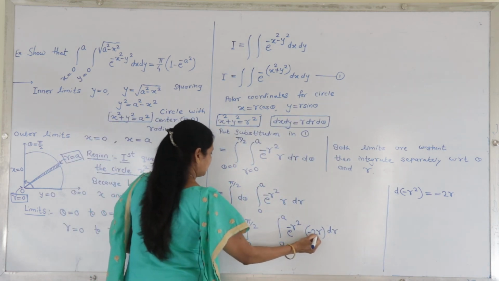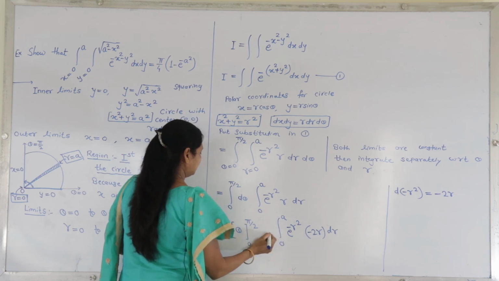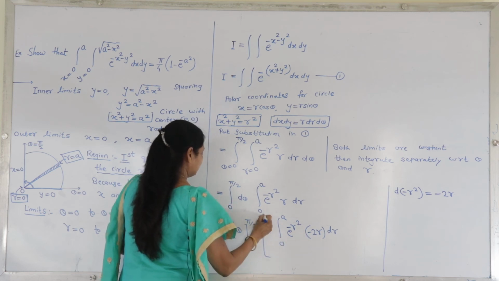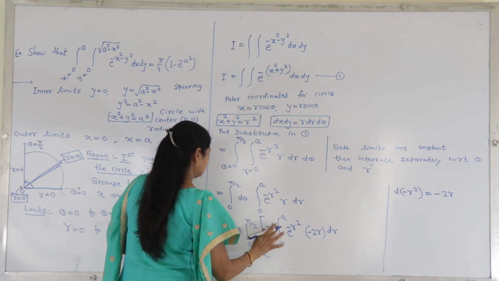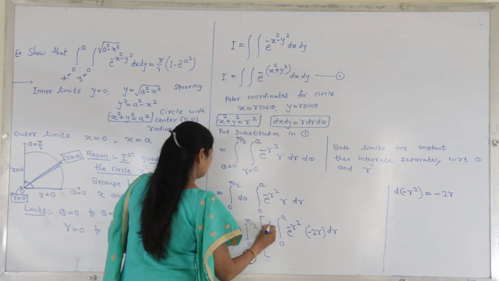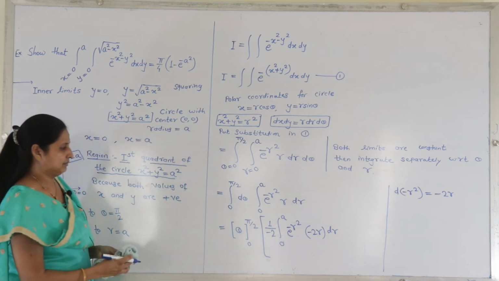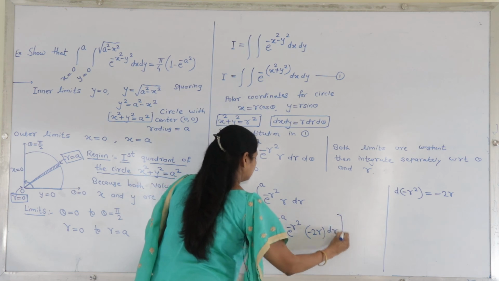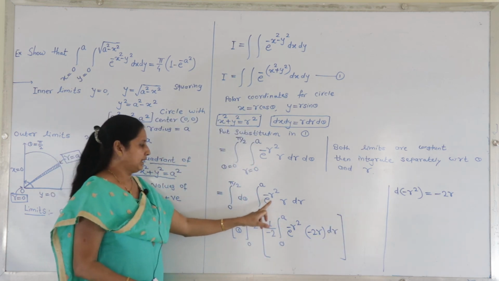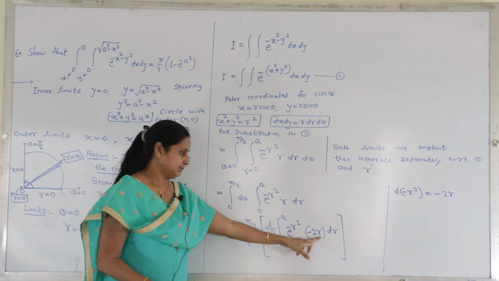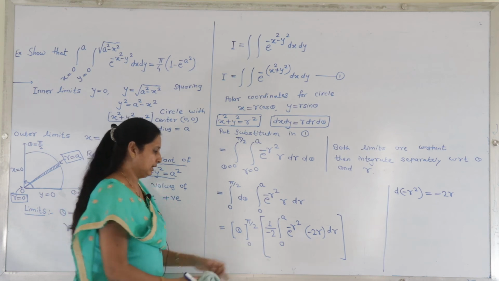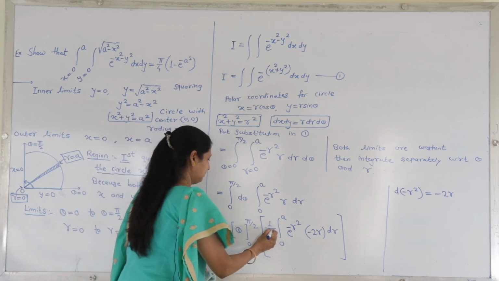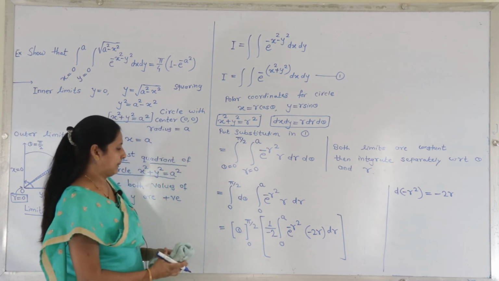The extra term is minus 2, a constant, therefore we can divide by minus 2 also, so take minus half. What is the adjustment? r is already here, but the derivative of minus r square is minus 2r, minus 2 is multiplied and minus 2 is divided. The divided term is constant, therefore we can take it outside.